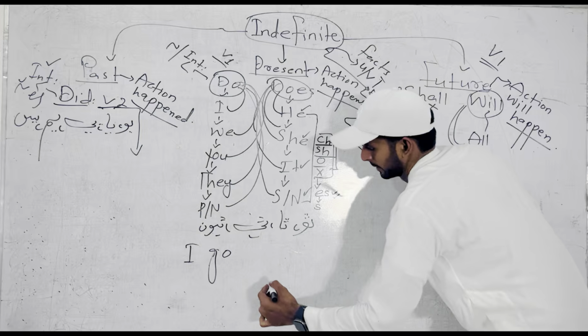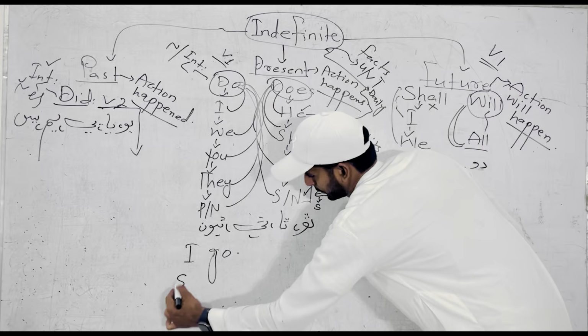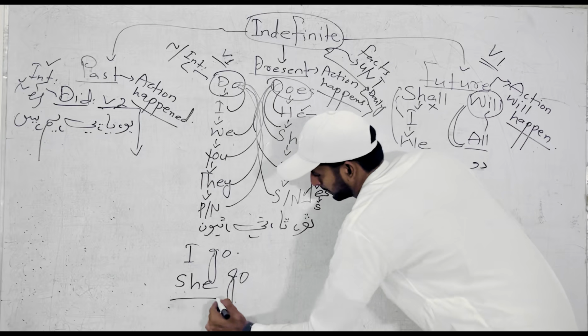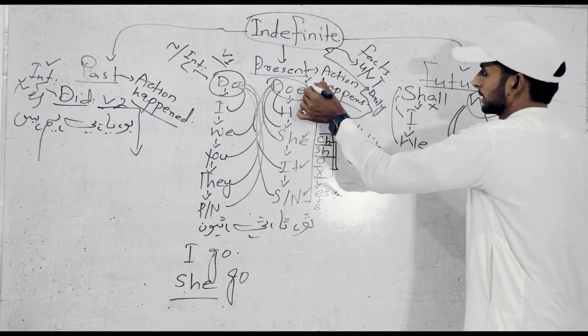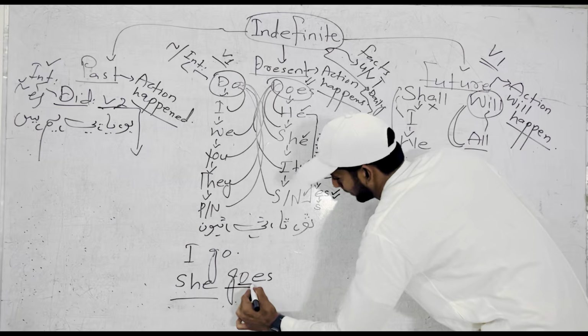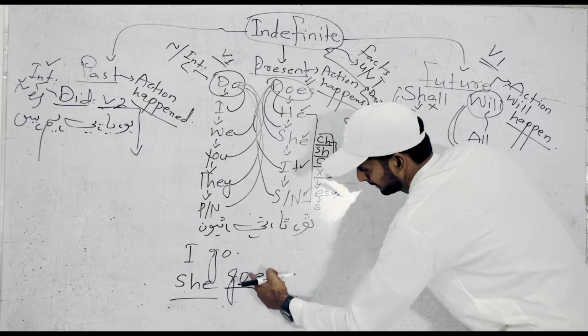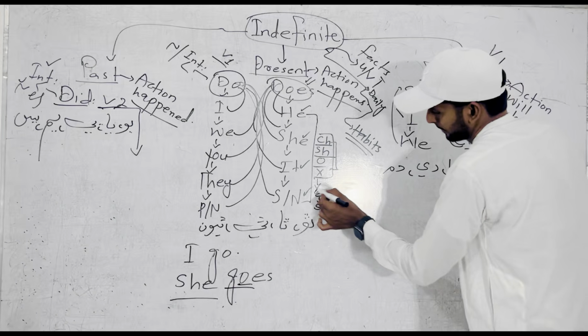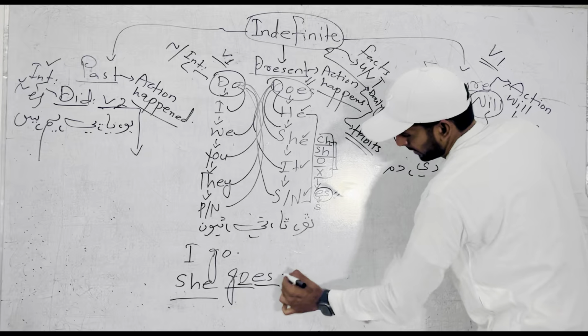I go, but when we say she, now she is used with does. That's why we have to put es at the end, because if any verb ends with the letter o, then we have to add what? Es. Then we add es here.